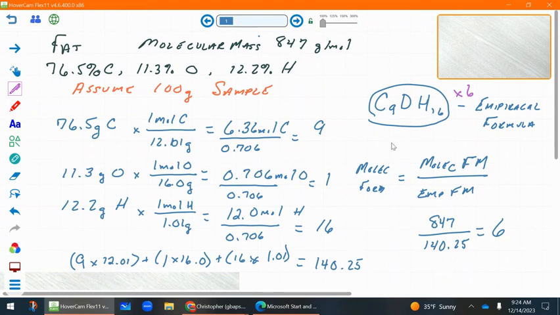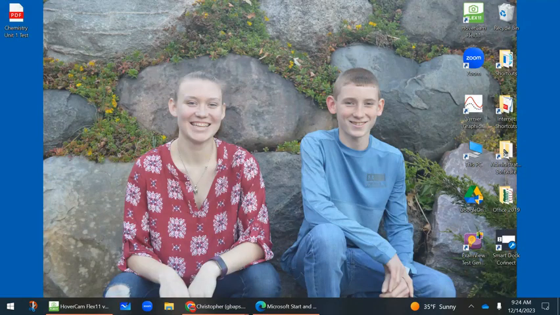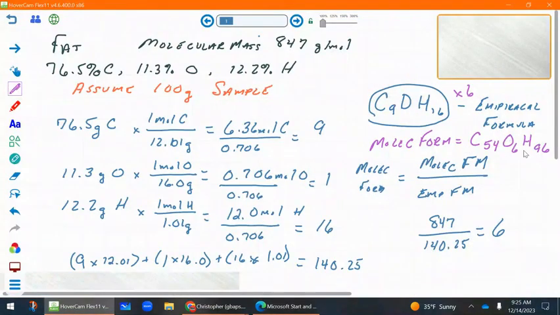So that means our molecular formula is C54O6H96. That is the molecular formula of that compound.